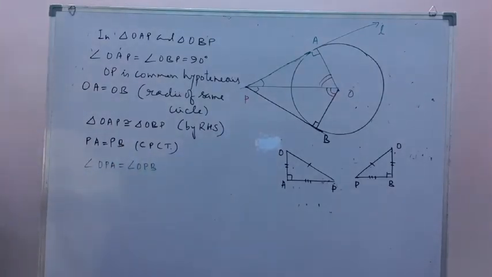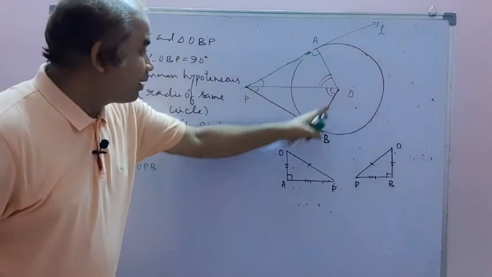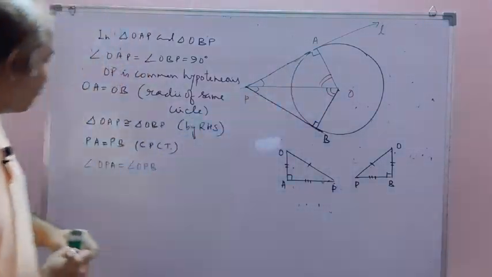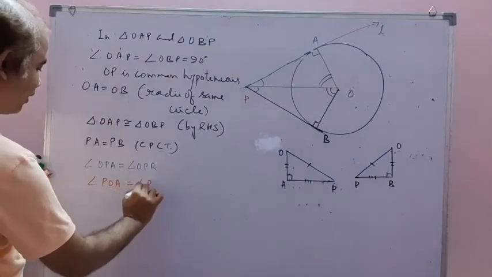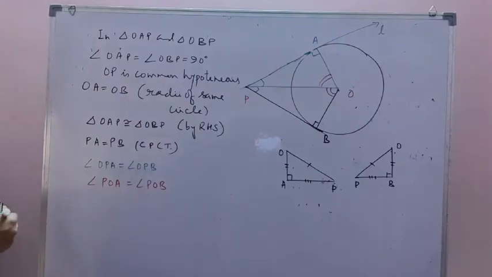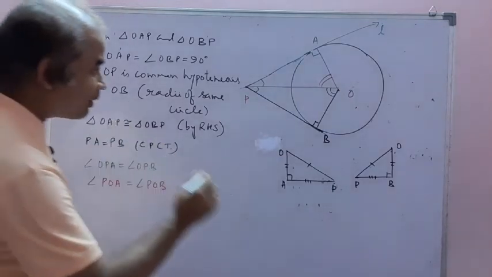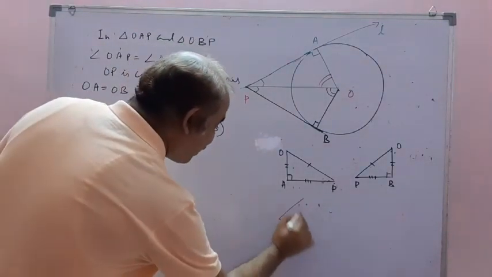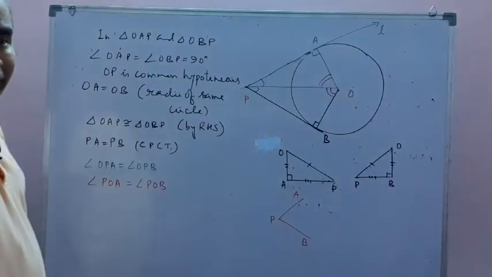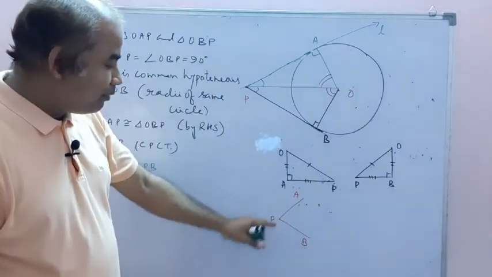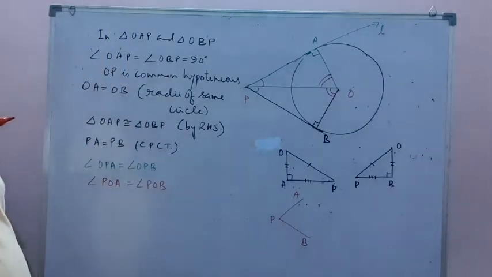And angle POA and angle POB are also equal by CPCT. What do these two angles being equal mean? We have an angle APB, which is the angle between the two tangents PA and PB.